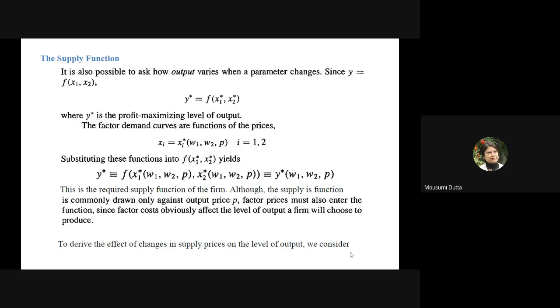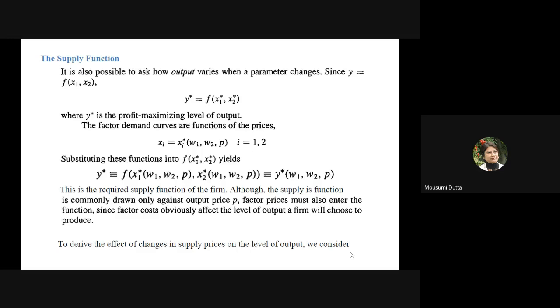In a similar fashion, if the output is a function of two inputs, L and K, say, or x1, x2, once we get the values of x1 star and x2 star, we can plug these two values in the original production function and find the optimum level of output. So it is possible to ask how output varies when a parameter changes. This exercise we are going to do.